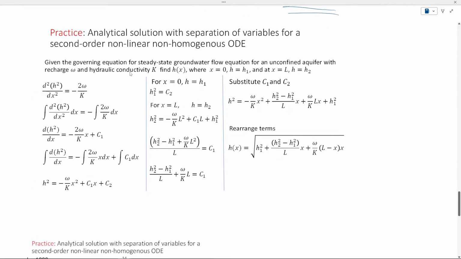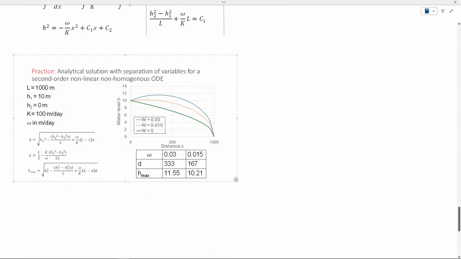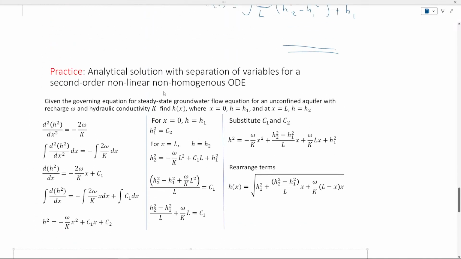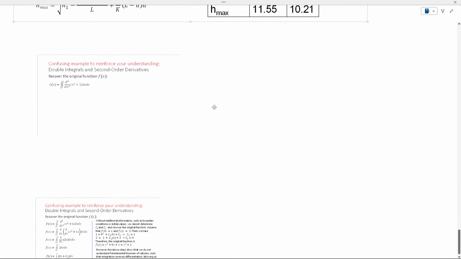Then I will discuss the results and the meaning of this result. So try to solve it on your own, see if you can do it, and try to look at the results and the meaning of the results of this practice problem.